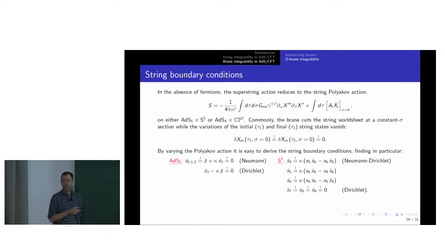We vary this action, and because we have some partial integrations, we end up with a boundary term which has to vanish. And if we set this type of conditions, then this boundary term would lead immediately to these bosonic boundary conditions. Now, one can ask, can we put some other boundary conditions which will lead to a non-vanishing boundary term? I don't know. This I haven't thought about.